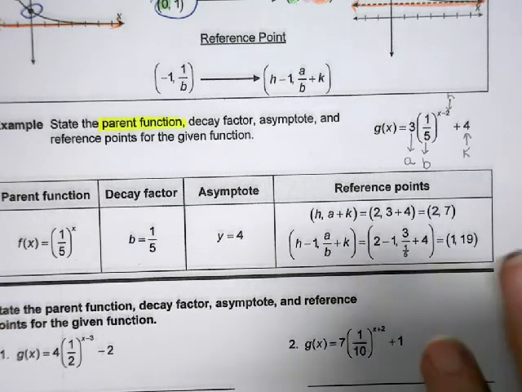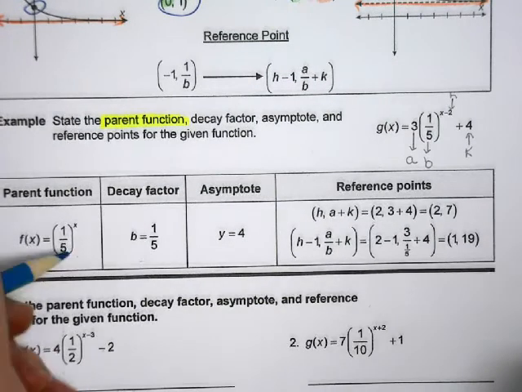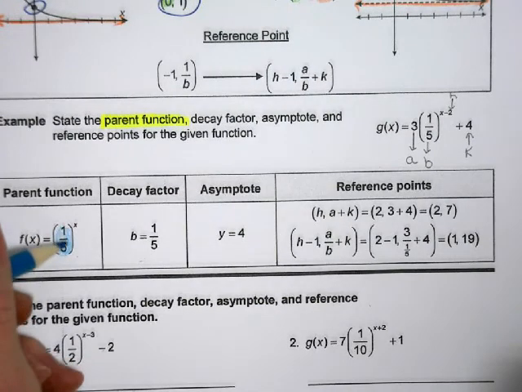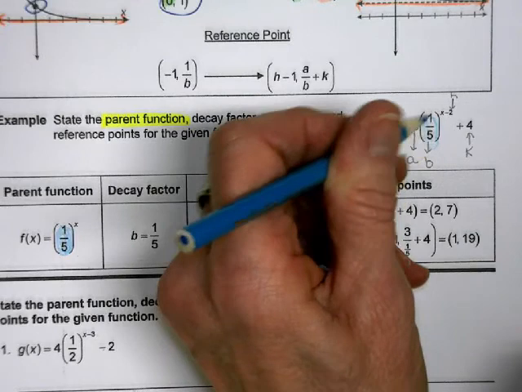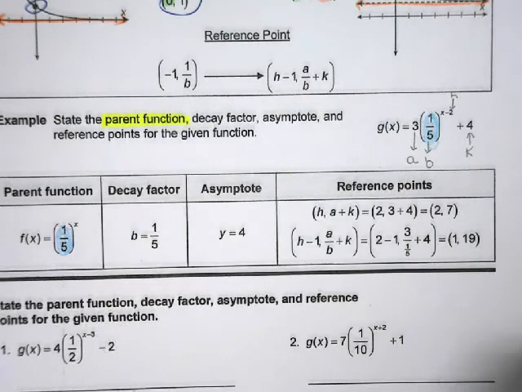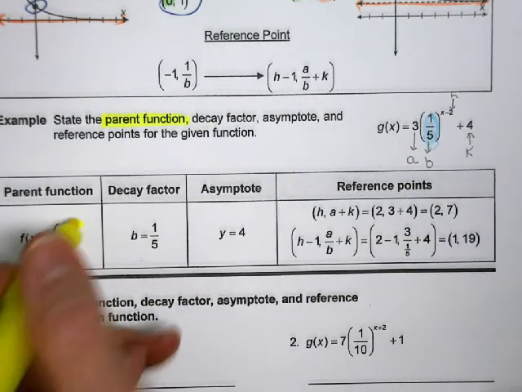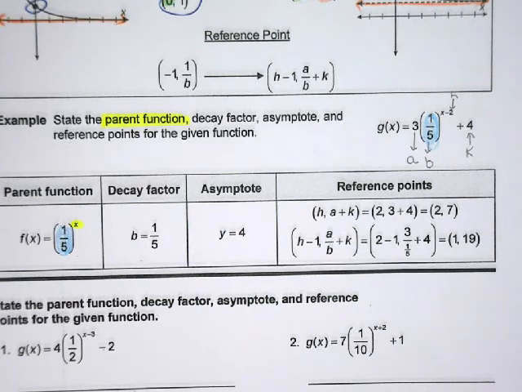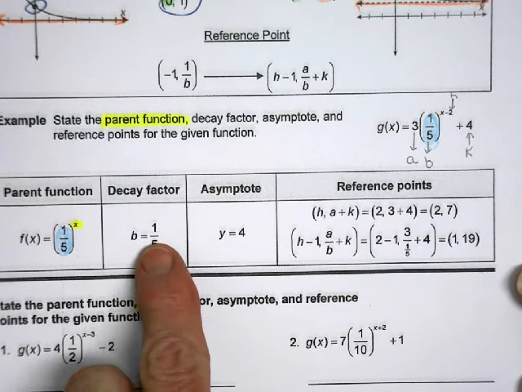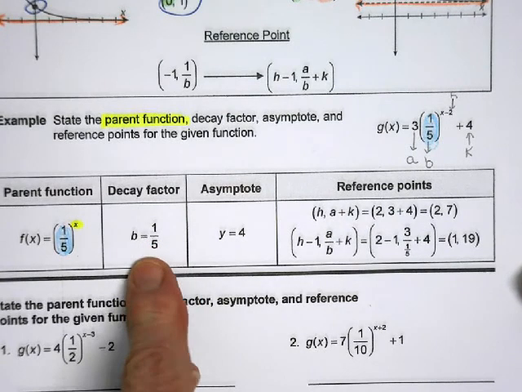So our original function, our parent function, what I see is that they have the base of their transformed function, and they just made it to the power of x. Nothing changed about x. Nothing changed about the exponent. That creates the parent function.